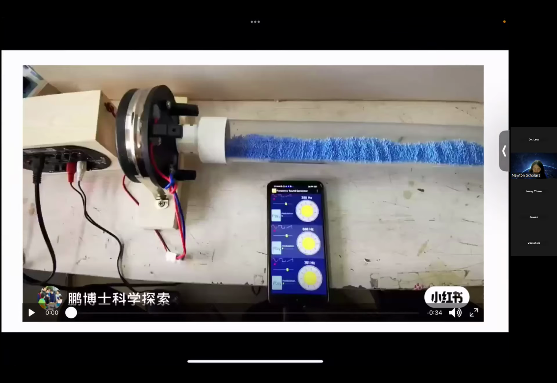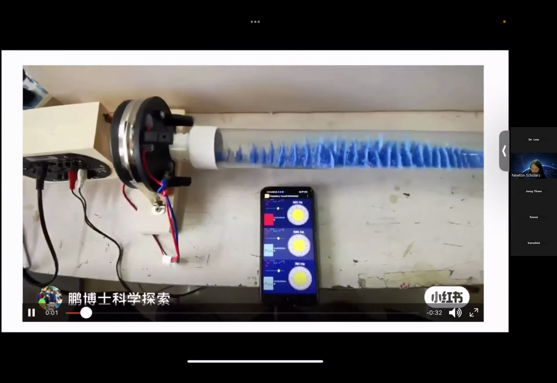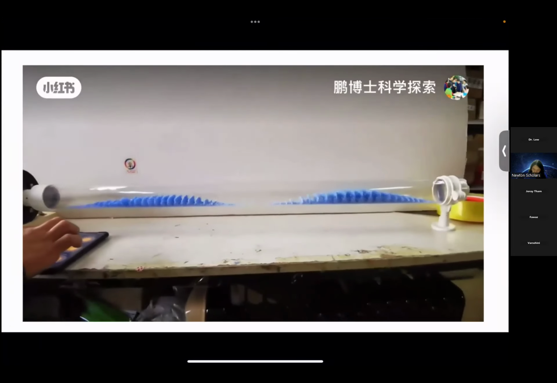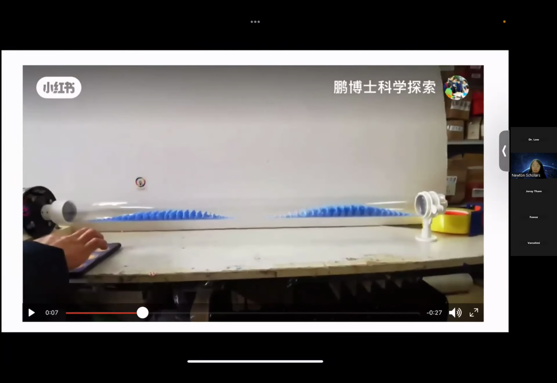Okay, this one. You see the powder. Those parts without powder are actually the anti-nodes. They vibrate and make the powder go away. Those with a lot of powder mean the particles here are at the point of node.